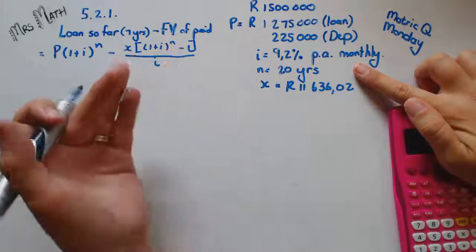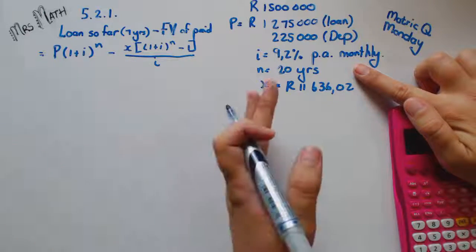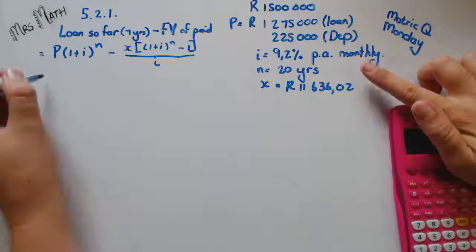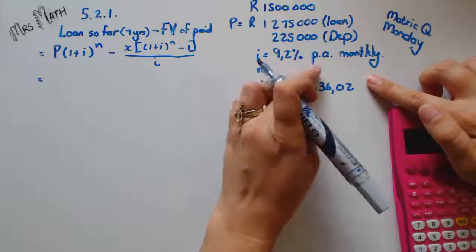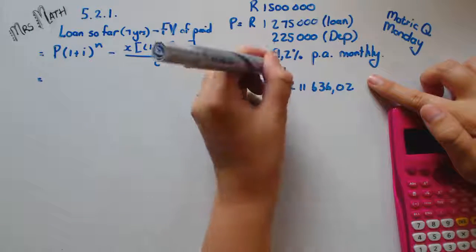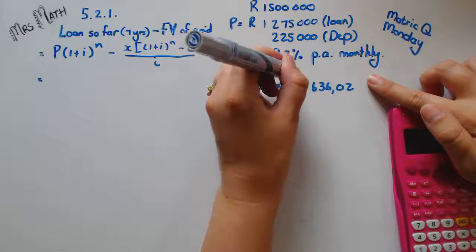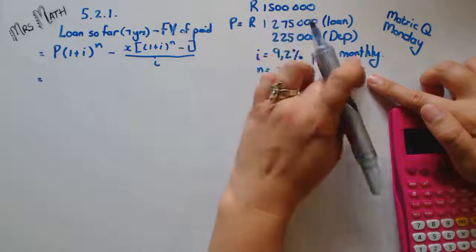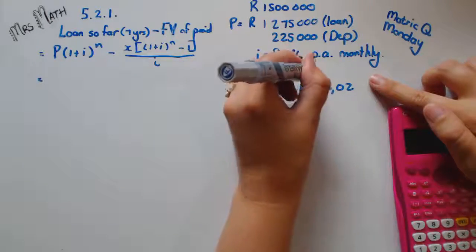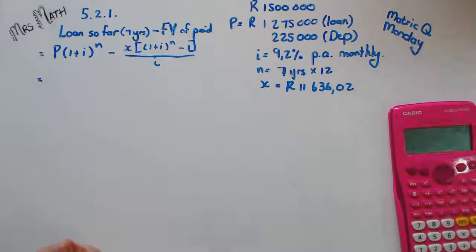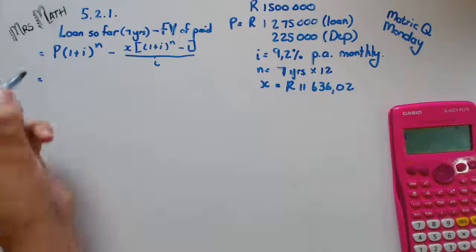My n will be the 7 years I've paid so far. I'm going to change my n to 7 years because that's what I'm interested in. And since I'm working monthly, I'm going to divide my 9.2 by 12, and multiply my 7 by 12, right, monthly payments.